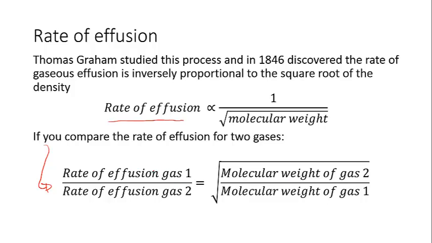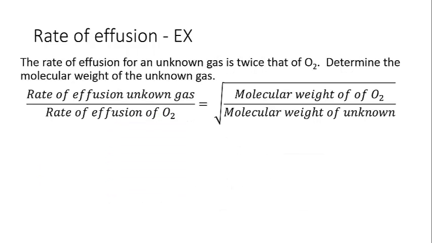Whichever gas you have on the top on the left-hand side of this expression will go on the bottom of the right-hand side. And since gas 2 is on the bottom on the left, it will go on the top on the right. Let's do an example now.